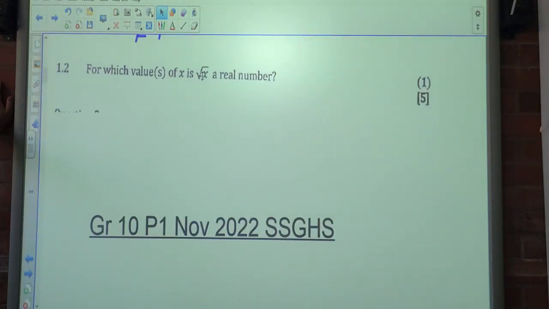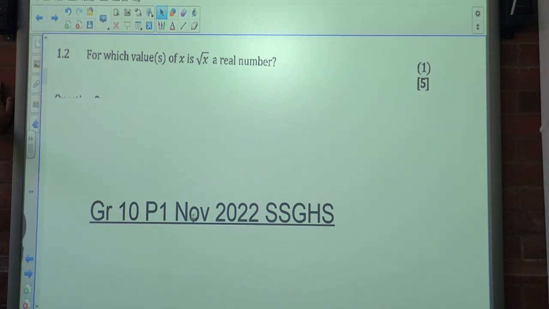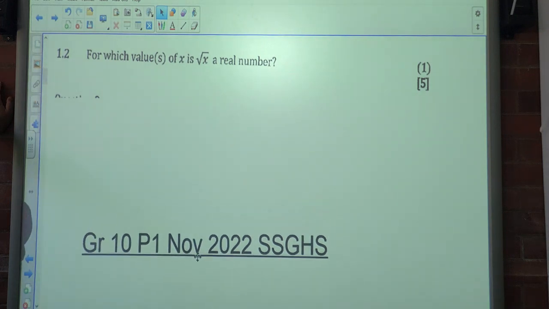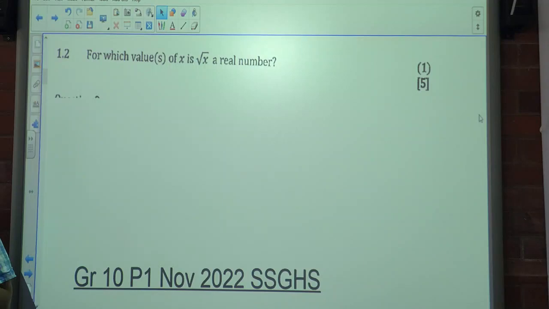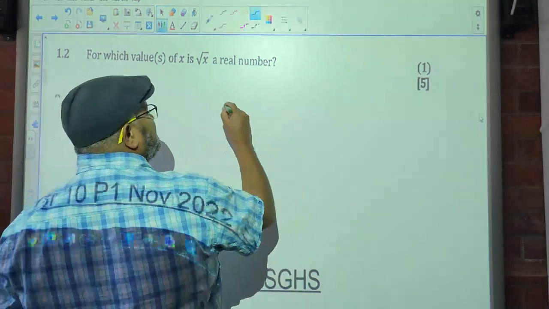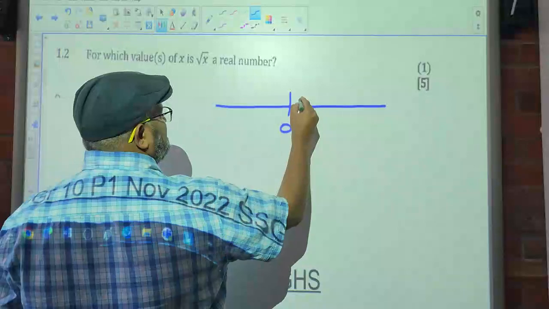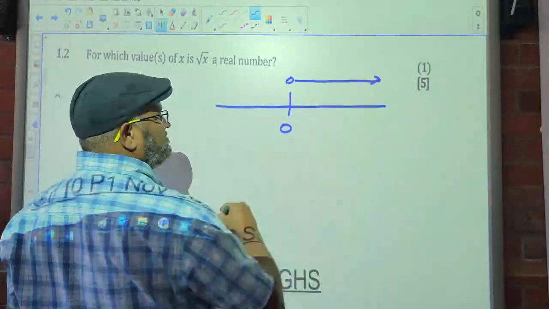Let's look at the next one. For which value or values of x is the square root of x a real number? People, under the square root the number must be positive. So for which values of x? The positive numbers, where x is greater than 0.